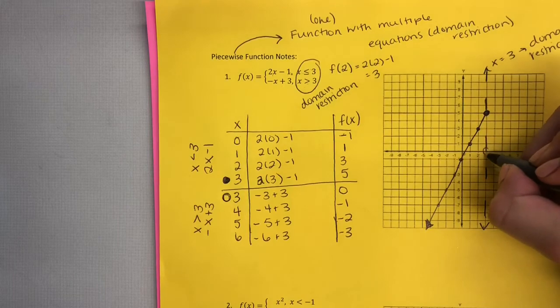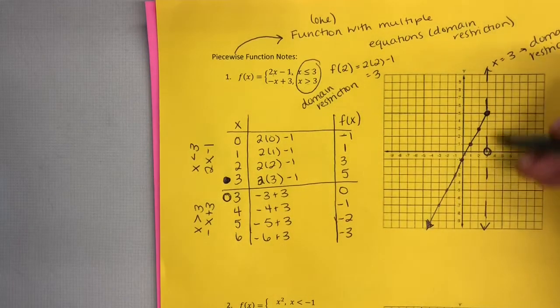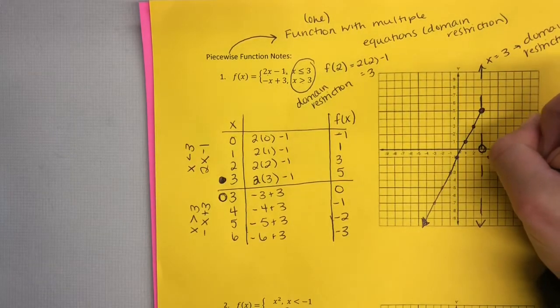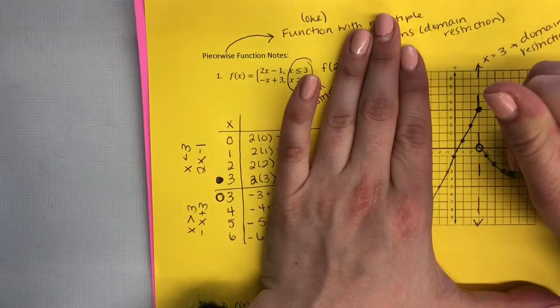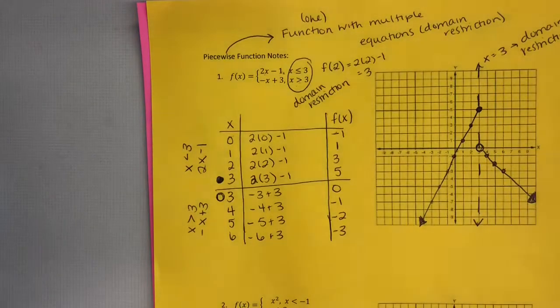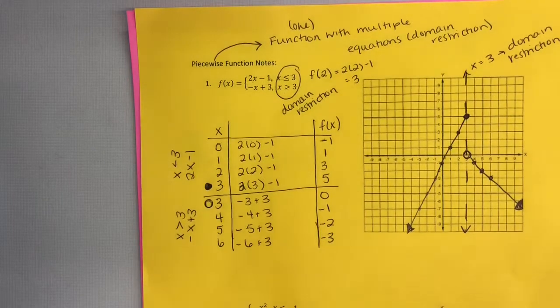Now 3, 0 is an open circle because it's not equal to, and we want this to still be a function. And then I keep going, 4, negative 1, 5, negative 2, and so on. And this, since it's when all the values are greater than, is going to continue on to the right. So now we see I still have this function. It's broken because there's 2 different lines, but it's still a function because this is a hole and this is the actual point here. Okay, so we can do another example really quickly.